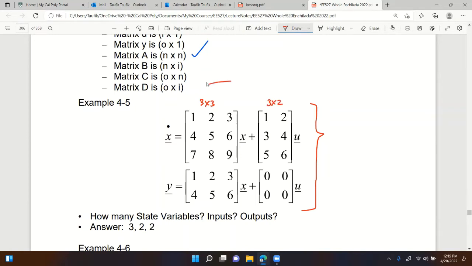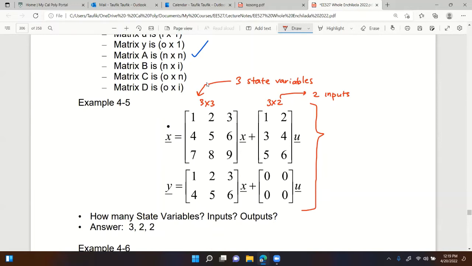So right away I know from here that we have 3 state variables. And from the B matrix, that's n by I, so this must be 2 inputs. So without looking at the actual circuit that formed this state space equation, I already know that the circuit has 3 state variables and 2 inputs.